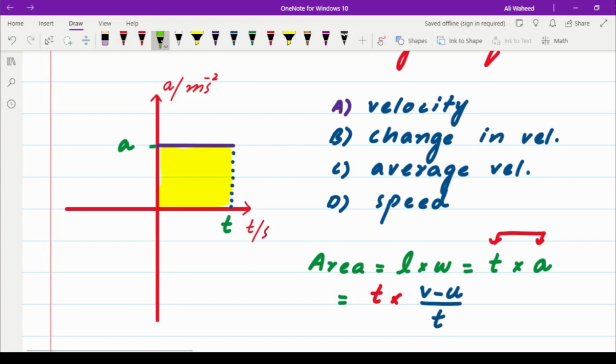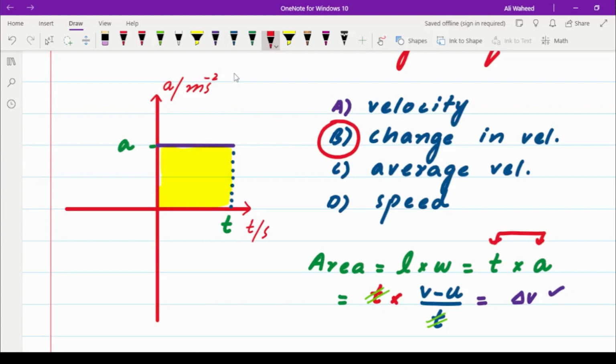Then this t cancels this one. What are you left with? You're left with v minus u, which is the change in velocity, or delta v. So in that case, the area of the graph will represent the change in velocity. So this is how we can find it. Sometimes the answer would be given, sometimes you have to work out the answer.